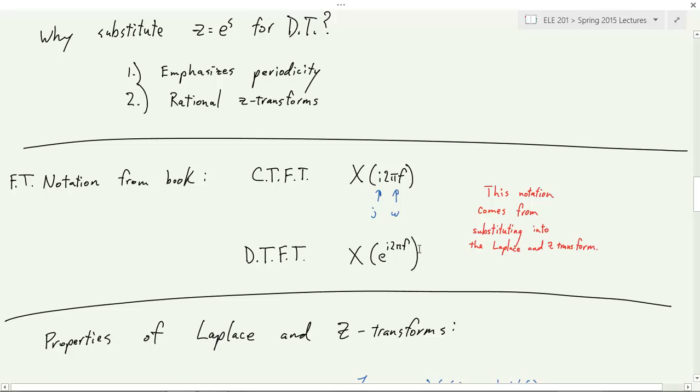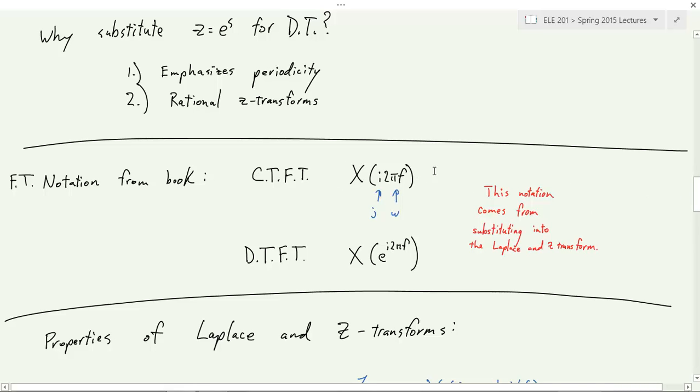Now, I know that notation confuses many people. But let's notice something. By the way, they don't actually use i 2 pi f. They substitute j for i, and they substitute omega for 2 pi f. So they say X of j omega, or X of e to the j omega for the discrete time Fourier transform. But now you can see where that notation comes from. They're just using the same notation as for the Laplace transform.